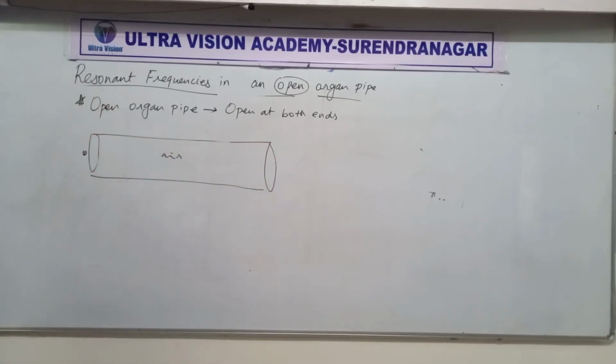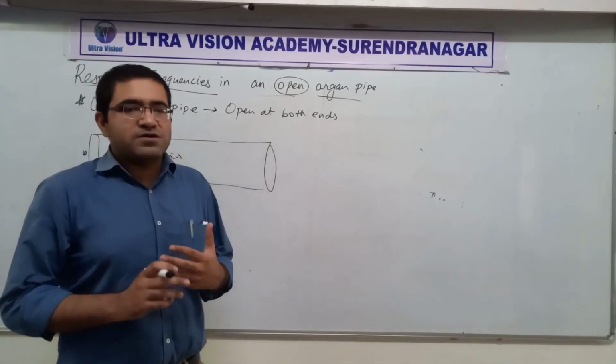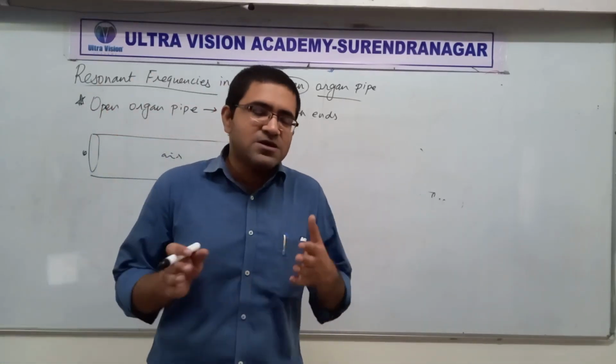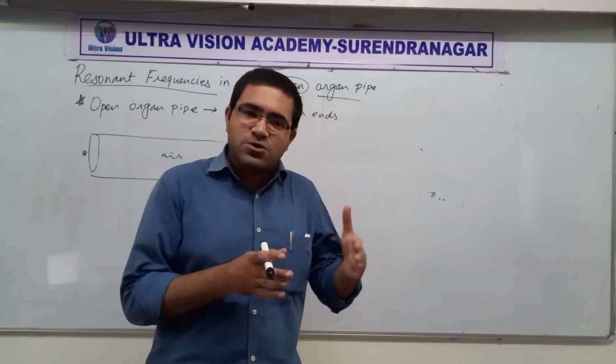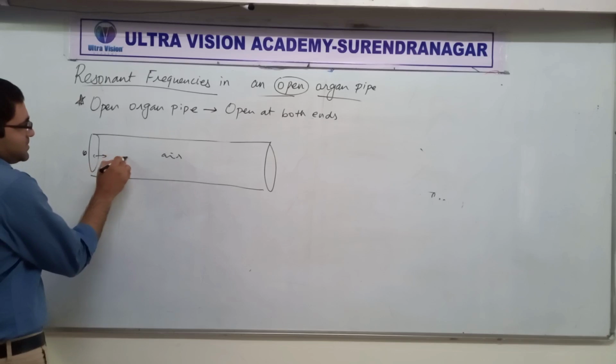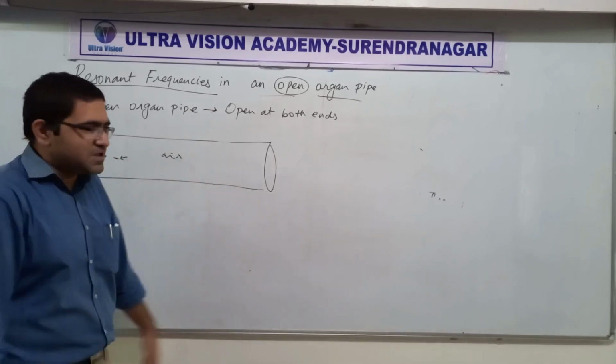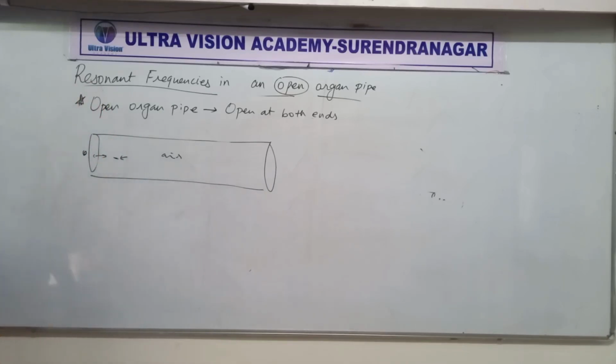Now, you know again that sound is a longitudinal wave in gas. Air is a gas. So it will pass through using a series of expansions and compressions, that is compression and rarefaction. Hopefully you remember that.